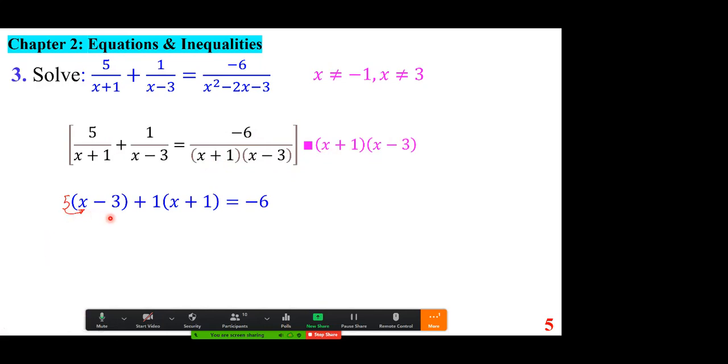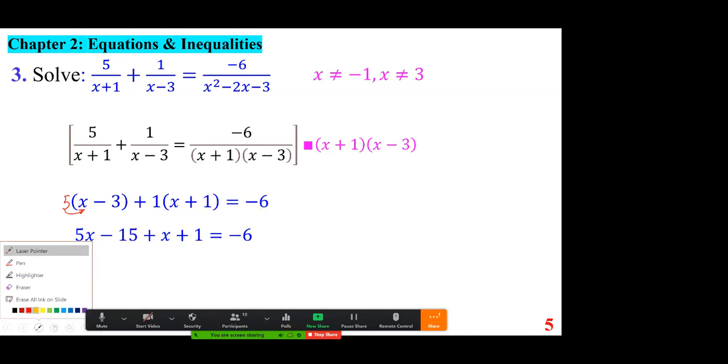You get 5x minus 15 plus x plus 1 equals negative 6. 5x and x, they add up to 6x. So let's just write that. And then minus 15 and plus 1 is minus 14.